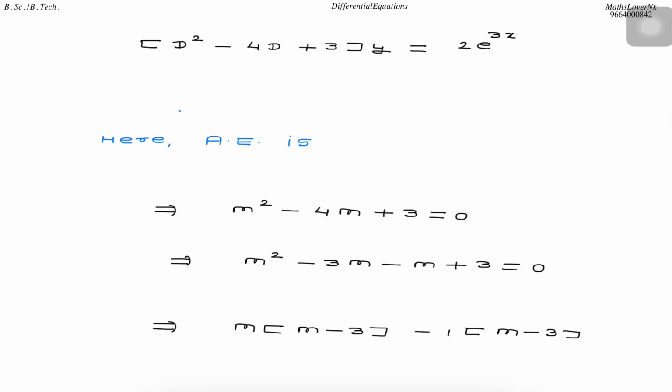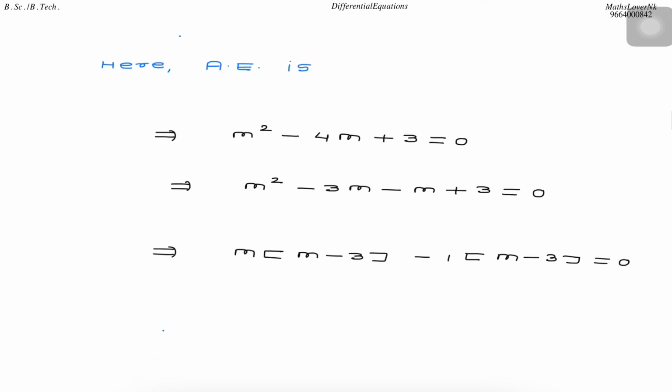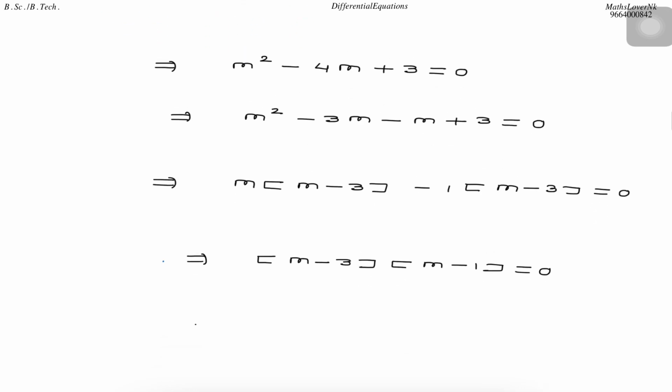Here we find two factors because a quadratic equation always has two roots. Taking m minus 3 common, we get (m minus 3)(m minus 1) is equal to 0. Here the two roots are m is equal to 3 and m is equal to 1.